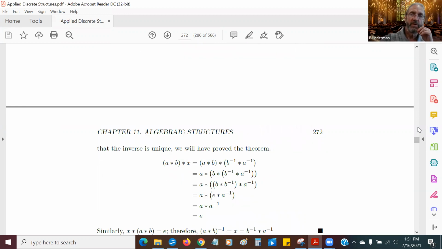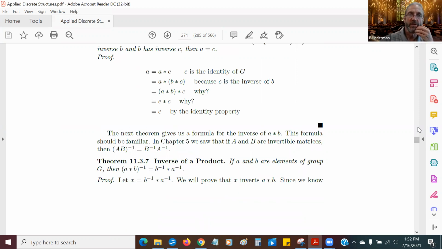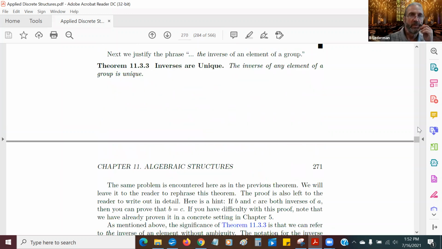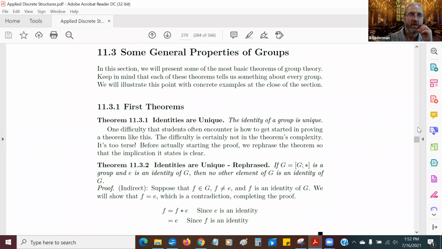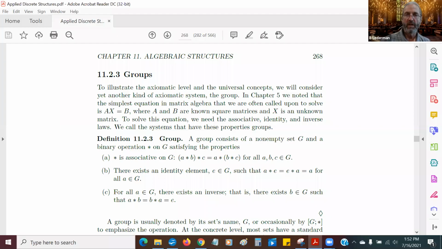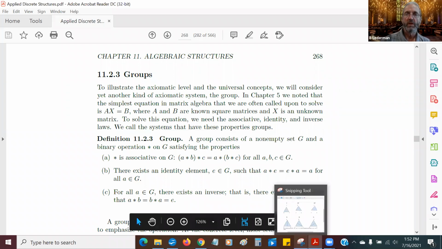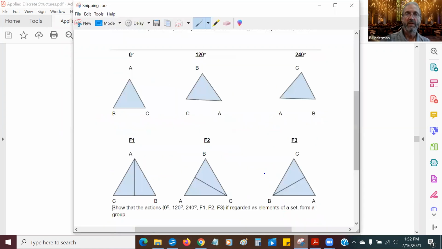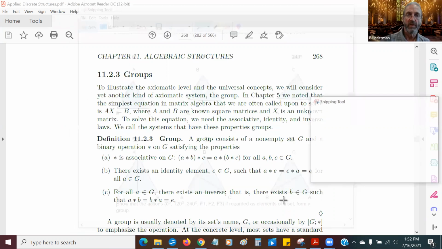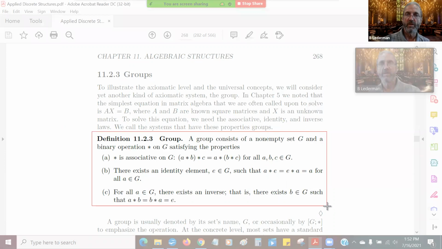The definition, as you're going to see, is going to be identity, inverses, and associativity. What is the definition of a group? I just don't like wasting everybody's time. Here we go. Here's the definition of a group. I'm going to snip this and put the definition of a group into the chat.